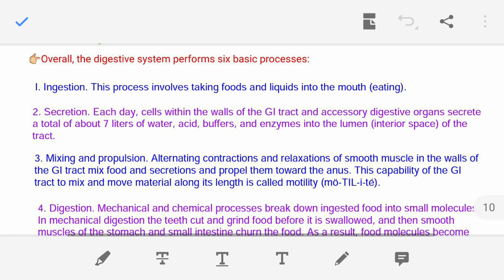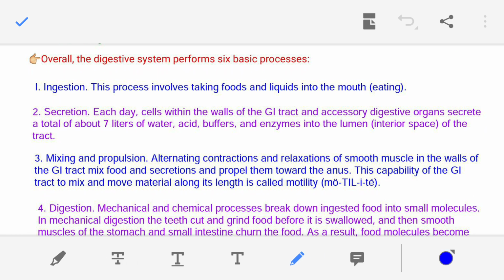Now our digestive system performs six basic processes. The first process is known as ingestion. Now what is ingestion?